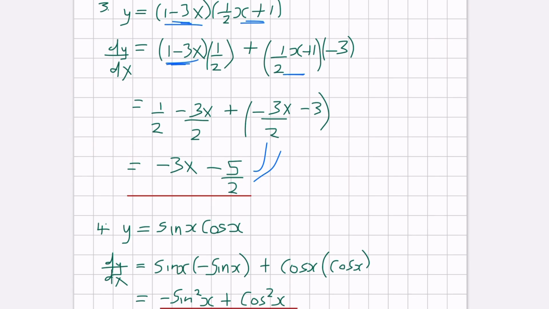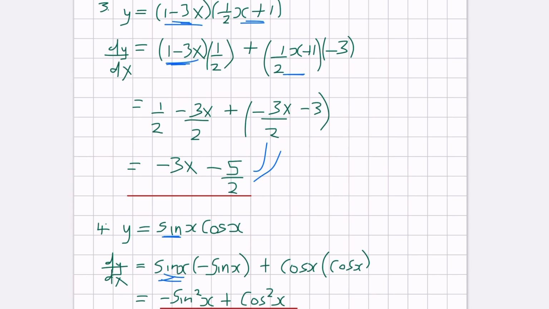So the product rule is also used when we are dealing with trigonometric functions, right? When dealing with trigonometric functions, it's still the same rule that we apply. So I've got an example here that is saying y equals sine of x times cos of x, right? So dy over dx, you're going to keep sine x here as a constant, right? Then you're going to differentiate cos x.